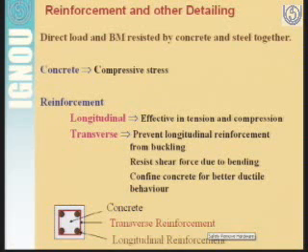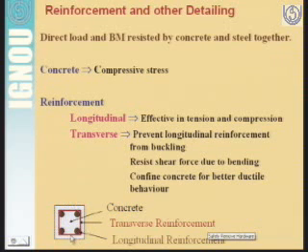The second type is transverse reinforcement, which you can see in this column section in the form of a tie shown in red. This is provided in the transverse direction to the longitudinal reinforcement. The shape you see here is called a tie.